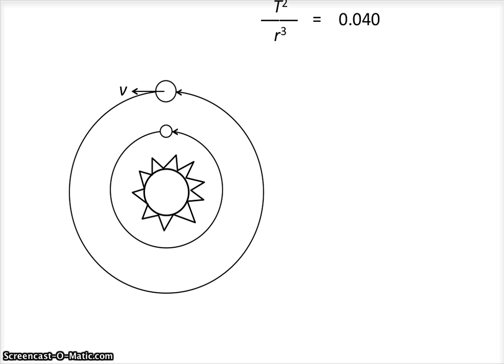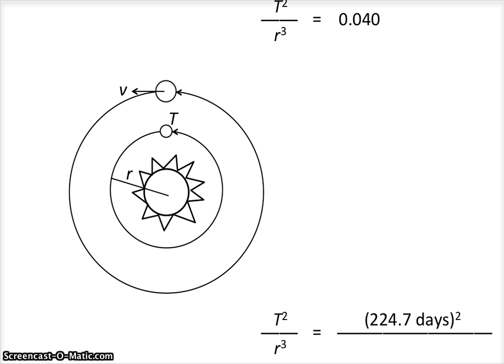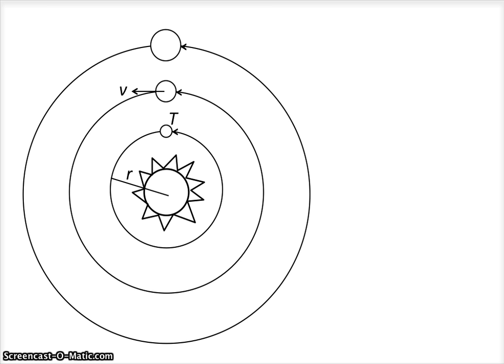Now let's take a different planet like Venus. It has a different orbital radius, and a different orbital period to go around once. But if you take T squared over r cubed, here are the values for Venus, and what do you get? 0.040. In fact, it doesn't matter what planet you choose. It could be as far out or as close as you like.